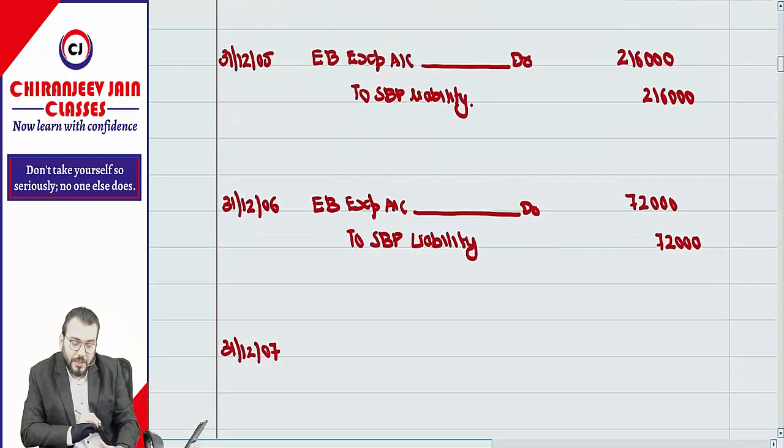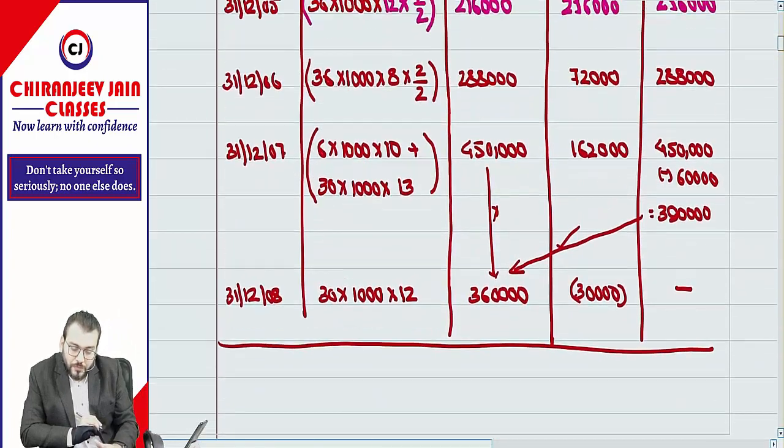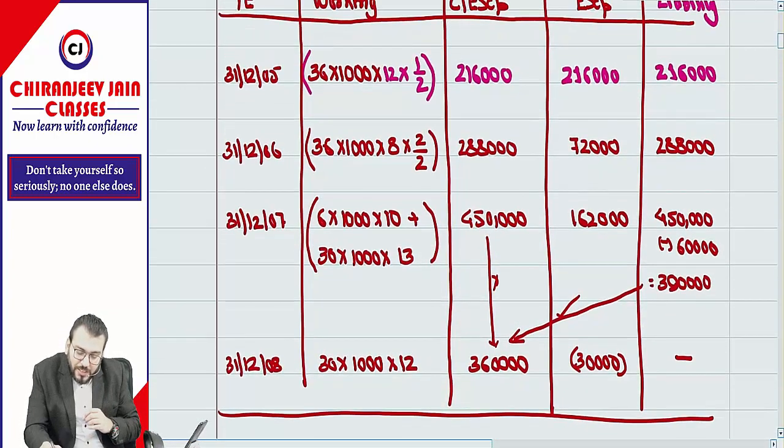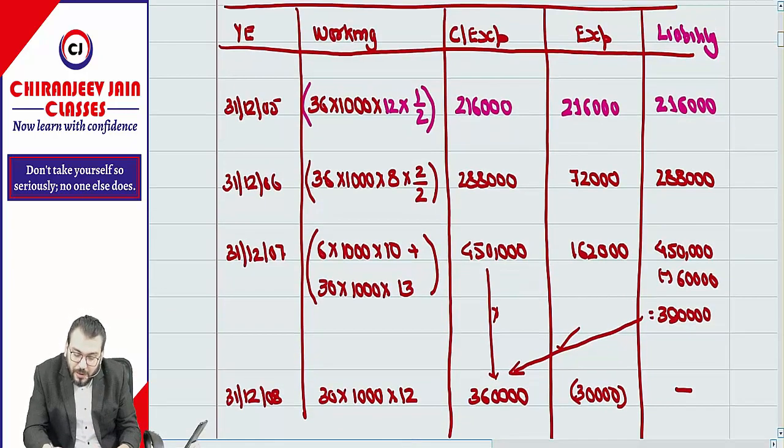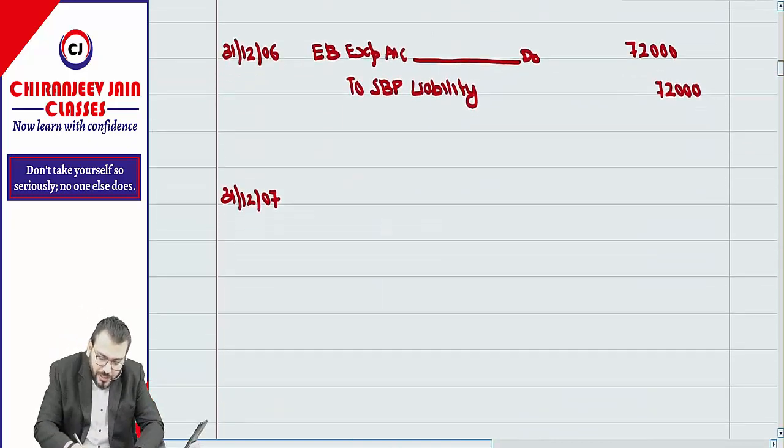Then 31st December 2007. Correct. Now, can I say first we can recognize the expense? Means we should increase the liability by 1,62,000. Then we can do the payment. Or you can do one compound journal entry, your choice. So we'll do separate journal entries.